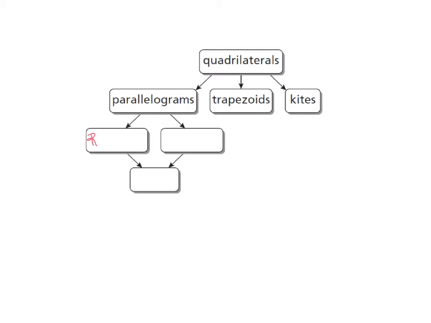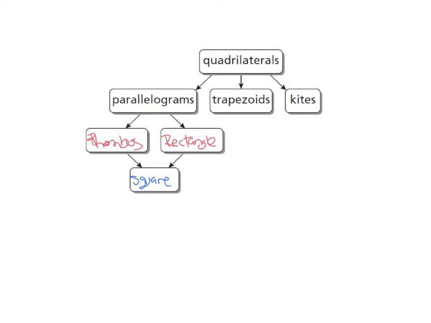and that is the rhombus and the rectangle. And we've talked about how if a rhombus and a rectangle got together, they create the famous square.